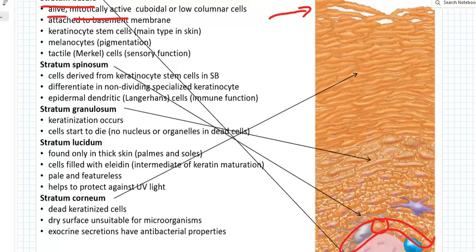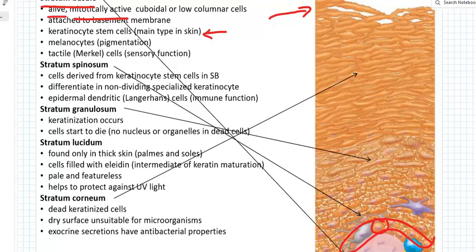So these stem cells, stem keratinocytes, can divide and they are alive. As they divide, they push the superficial layers of the skin to the top. So effectively they allow to replace the skin layers that are lost due to the abrasion. All good so far, everybody?